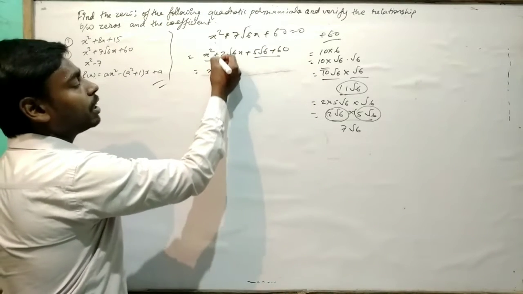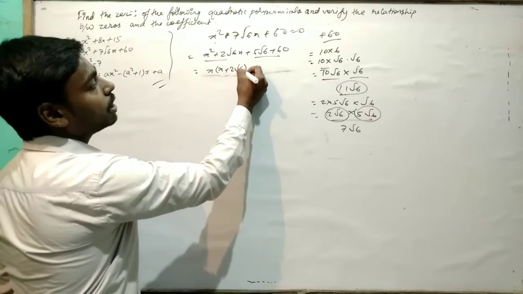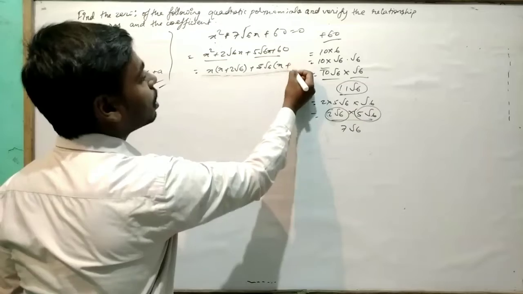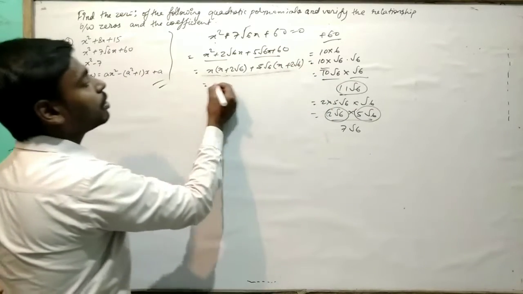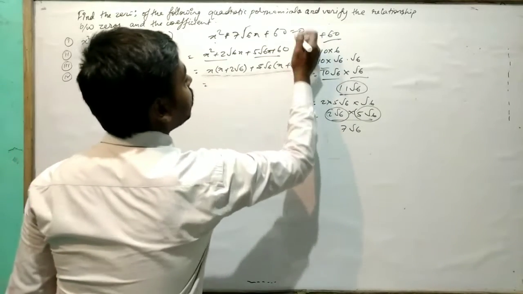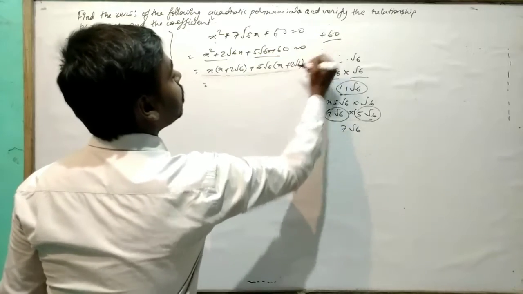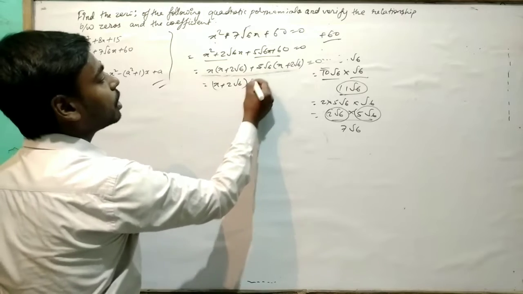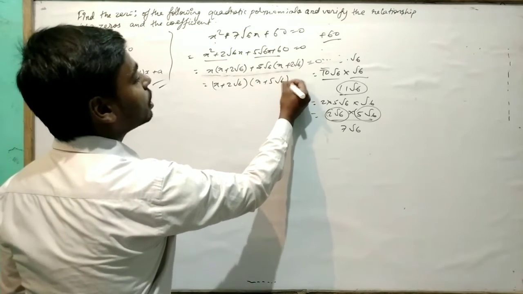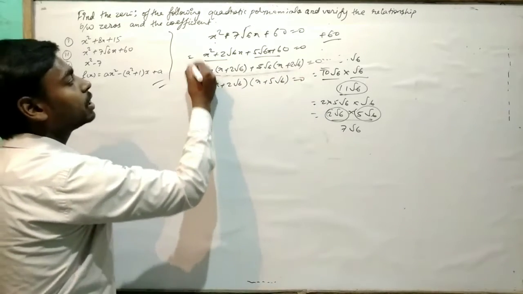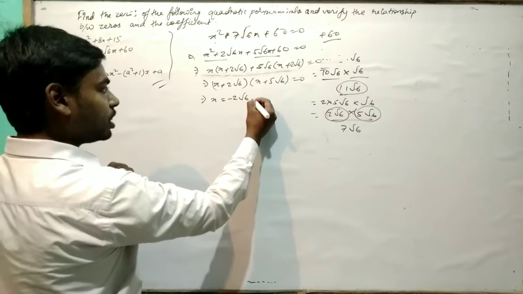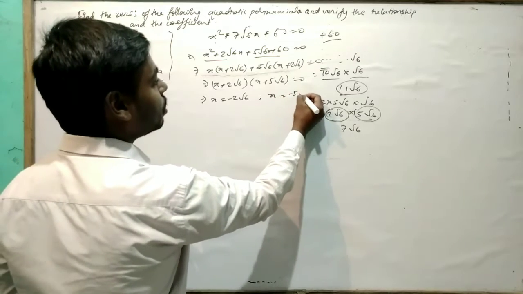We take pairs, and here common is x plus 2 root 6, plus here common 5 root 6 times x plus 2 root 6. Then we get (x plus 2 root 6) into (x plus 5 root 6) is equal to 0. We get x is equal to minus 2 root 6 and x is equal to minus 5 root 6.